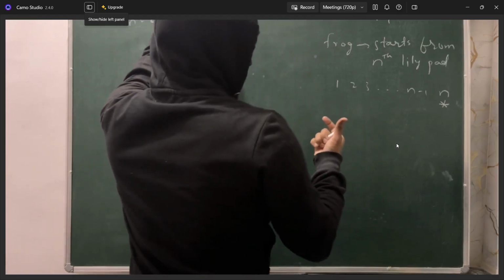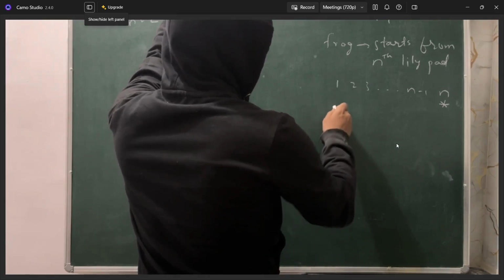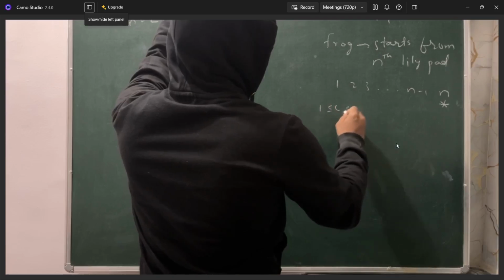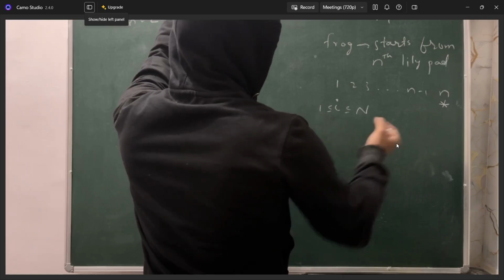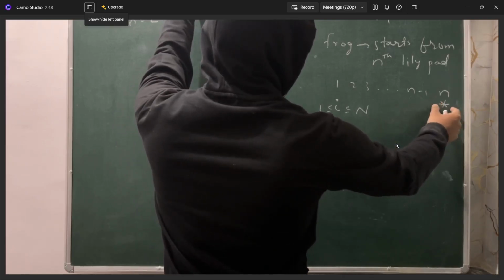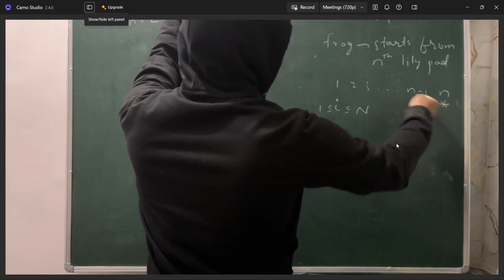Now in the ith operation, i from 1 to n, when the frog is at the last position, he will move n minus 1 distance this way.